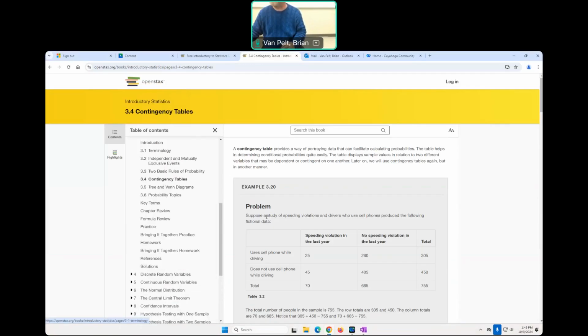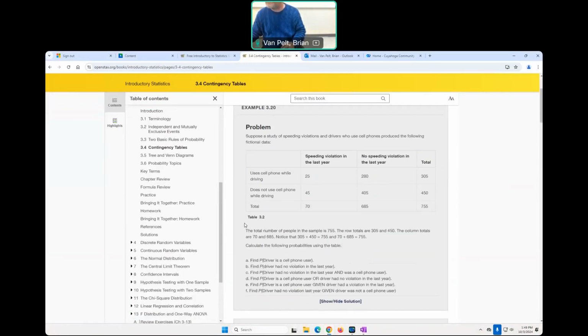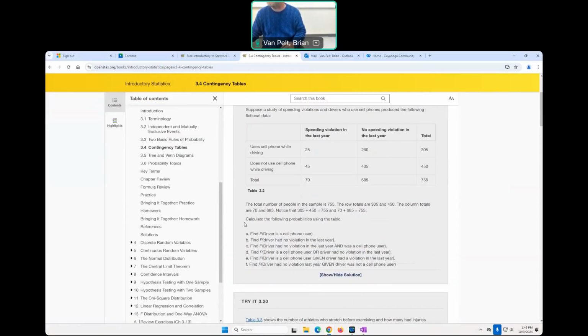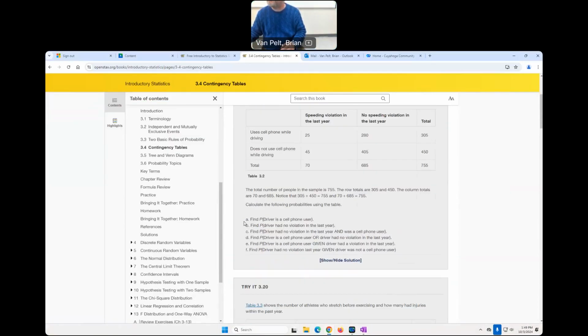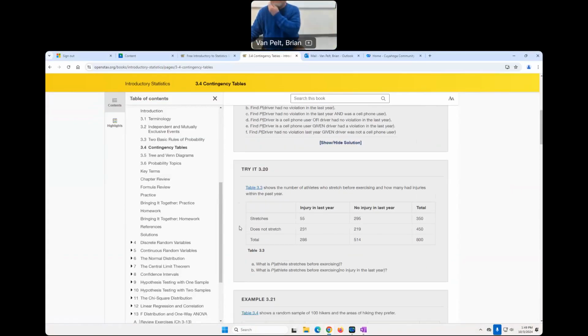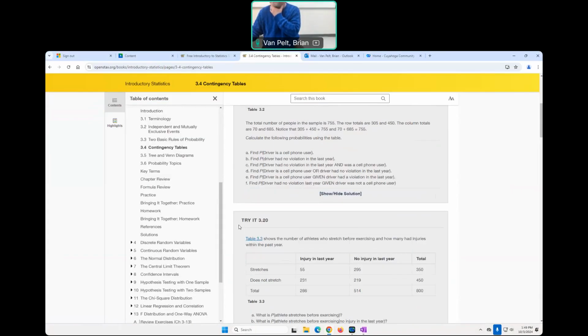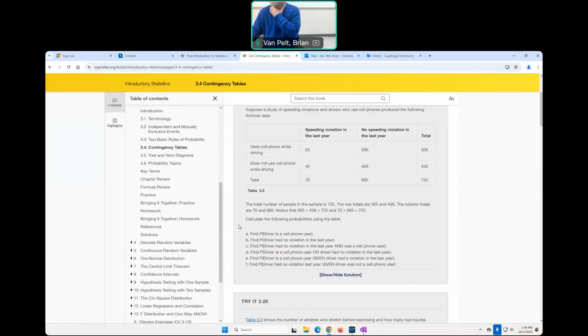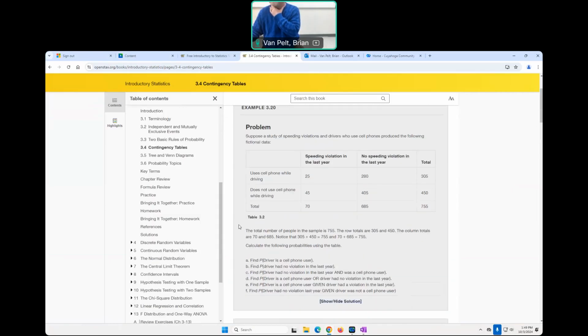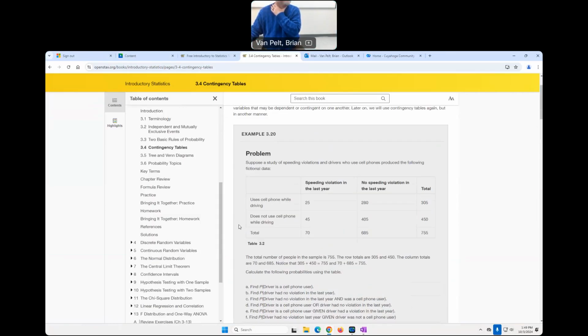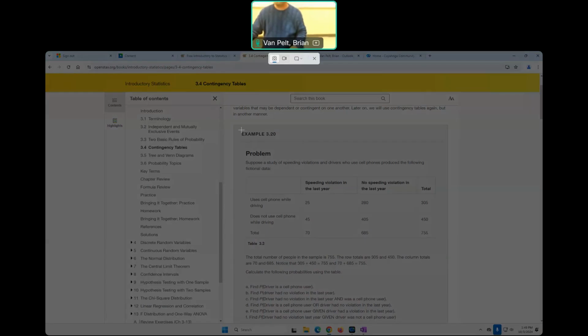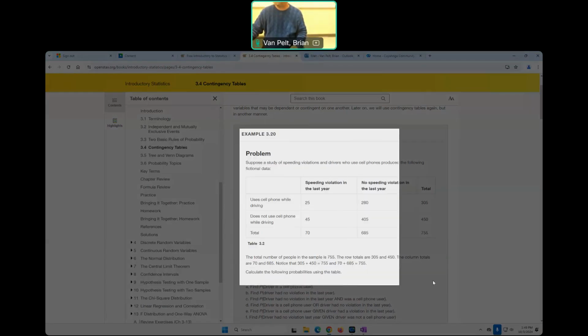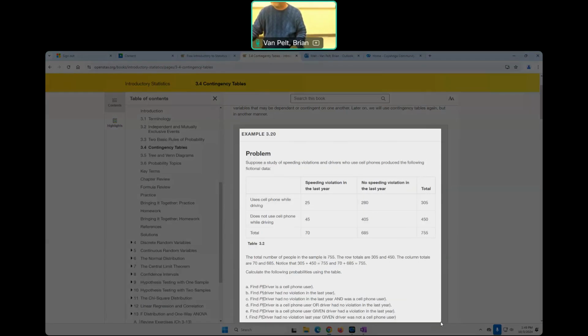Contingency tables. Let's do one of these. I think I might have done this example, Try It 3.20, so I'm going to try to do this one here. Okay, so I'll do this one then. That way later on, if I don't do all of them, you can check out the answers. This one, they were kind enough to give us the totals in the table.